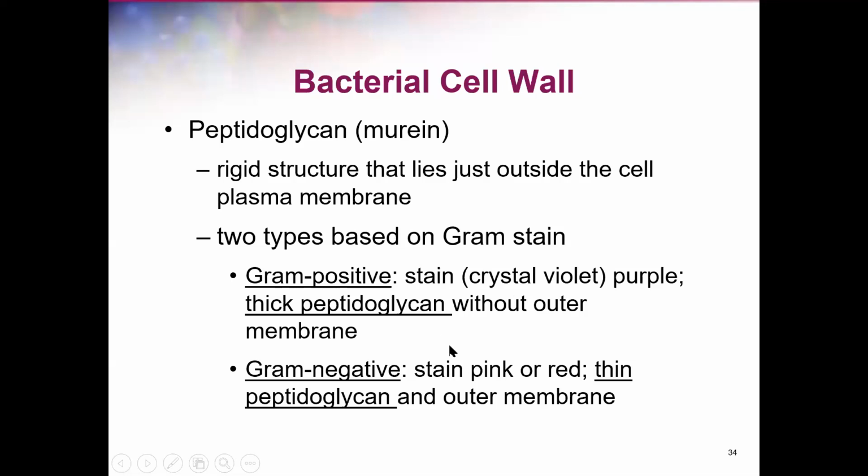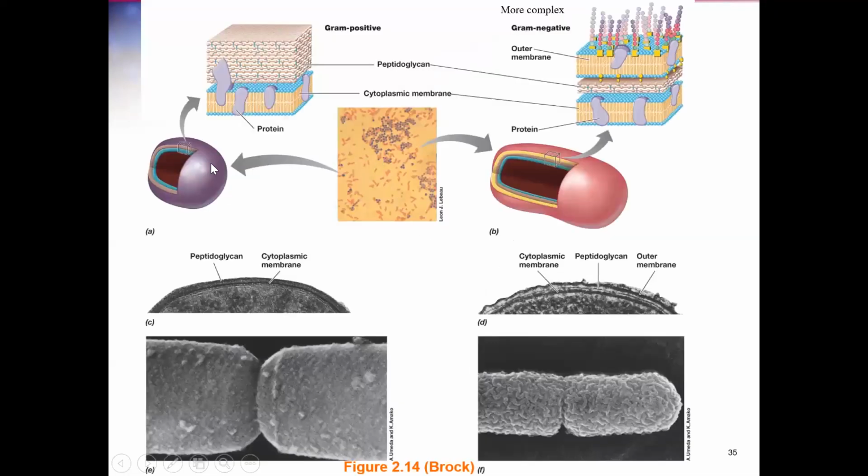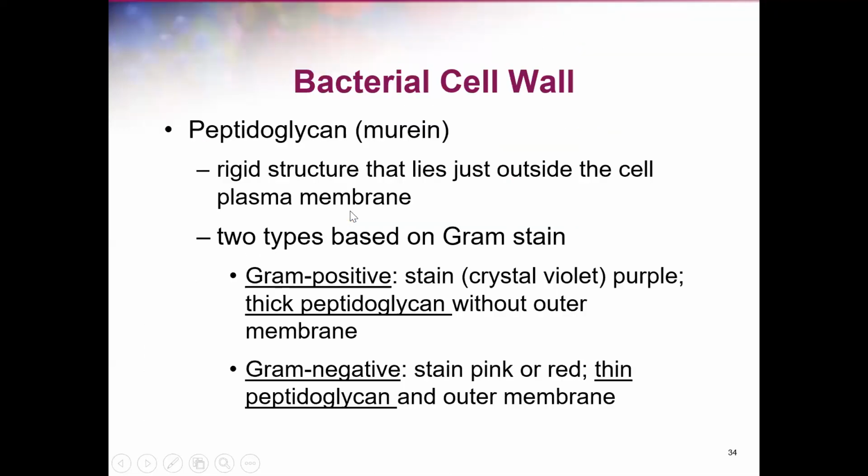When bacteria contain thicker peptidoglycan, they show a very unique purple color. That is Gram positive. If the bacteria only contain a very thin peptidoglycan layer, they turn pink or red. That's so-called Gram negative.